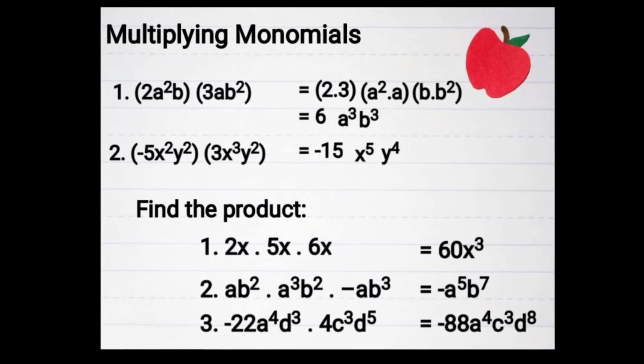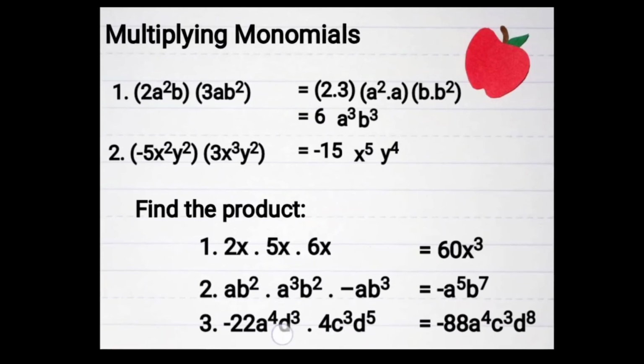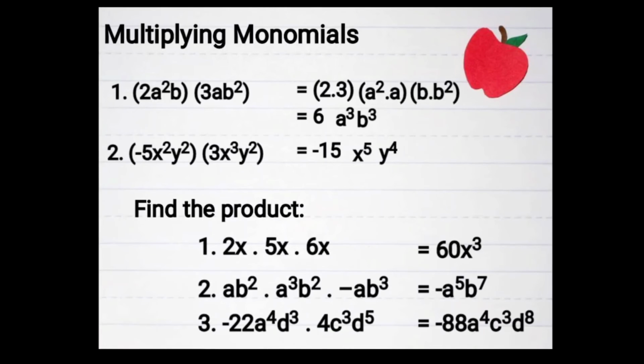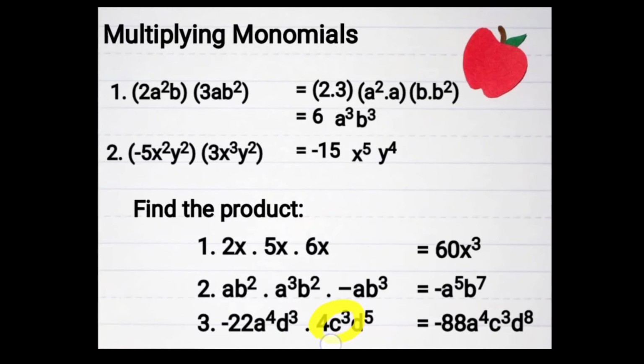Then, as you can see, we have here c and d. Let's simplify first the base c. Here we have c cubed, but here we don't have the base c, so copy this one. That's why we have here c cubed.